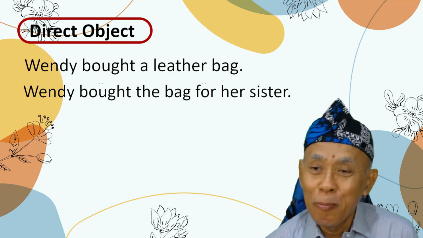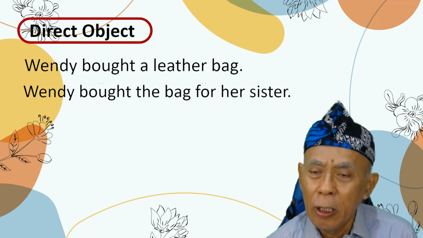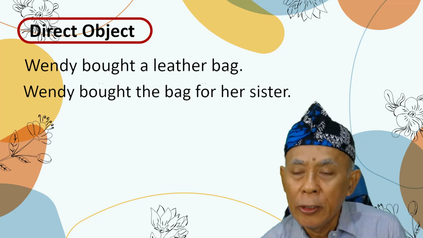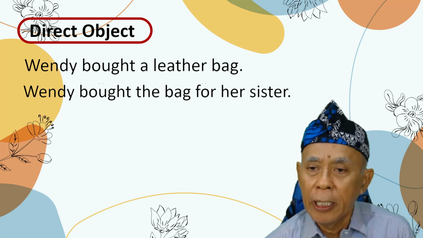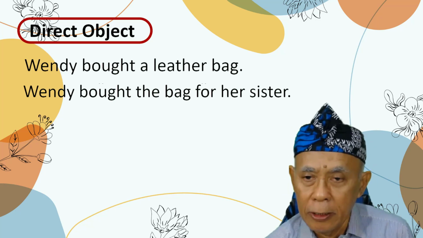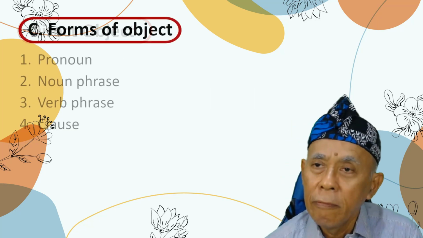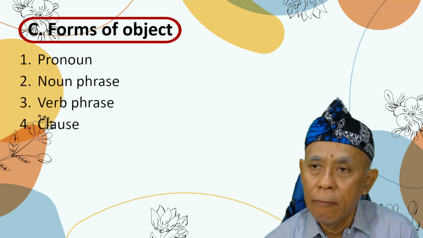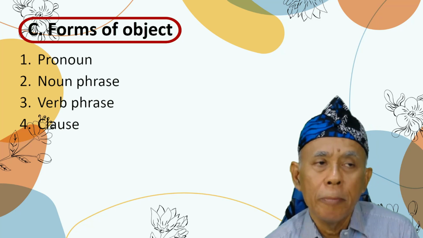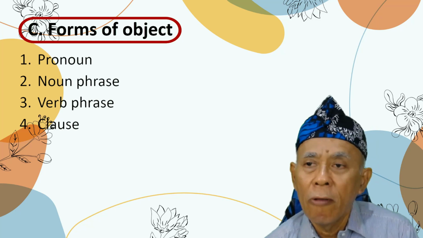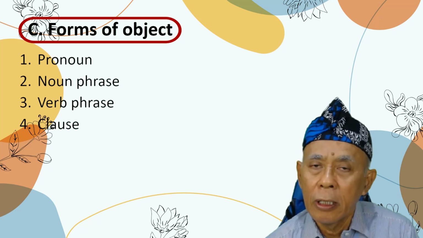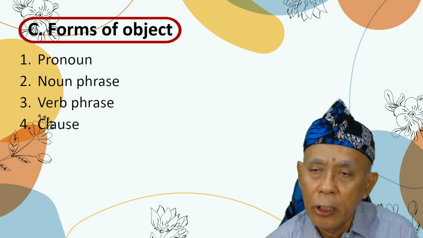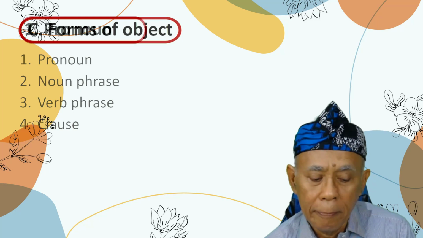So the direct object is the person or the thing which is directly affected by the action which the predicate verb expresses. We have four forms of object. The first is a pronoun, the second is a noun phrase, the third is a verb phrase, and the last is a clause. Now let's talk about each of them one by one.